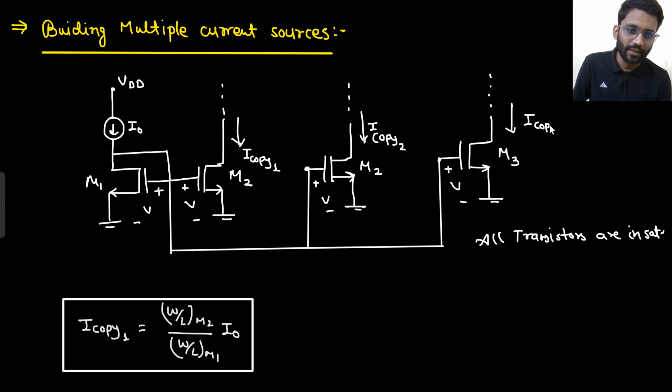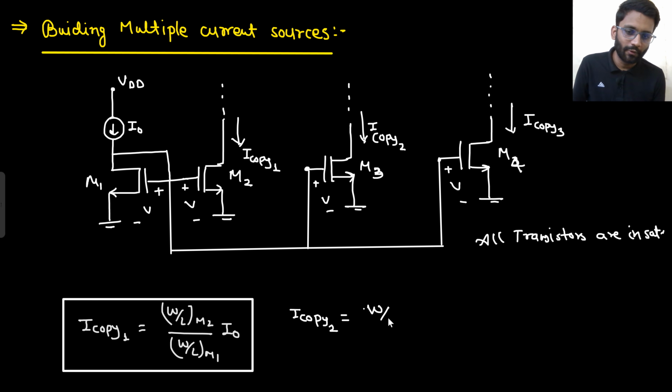This will be I copy 3. So the current will be proportional to the W by L ratio. That's it. So what would I copy 2 be? Better write it here. What will be your I copy 2? If this is M2, this should be M3 and this should be M4.